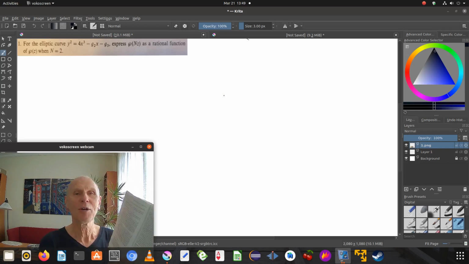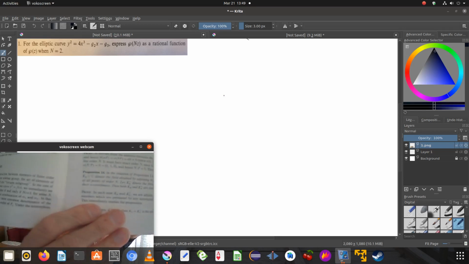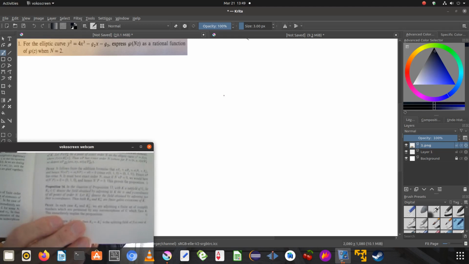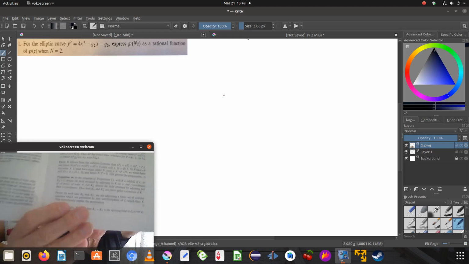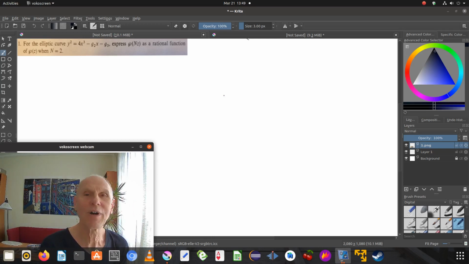Here in proposition 14, well, it's not very clear, but it says that two fields are finite Galois extensions of the base field, and that sounded quite right.